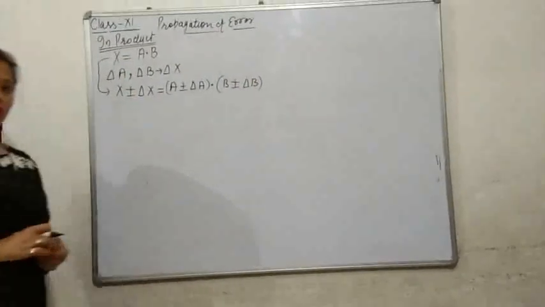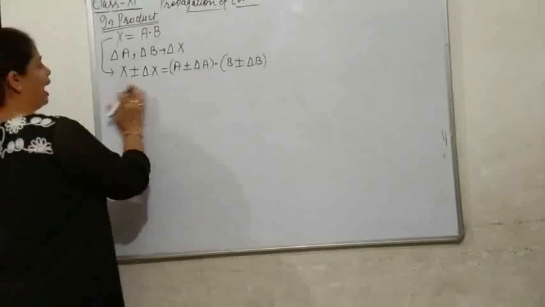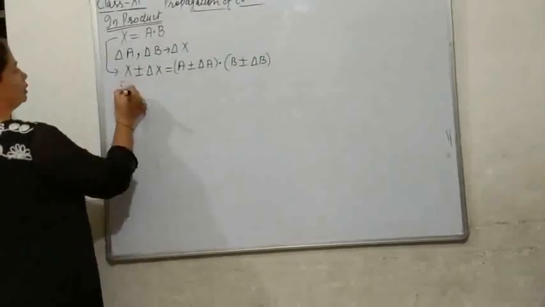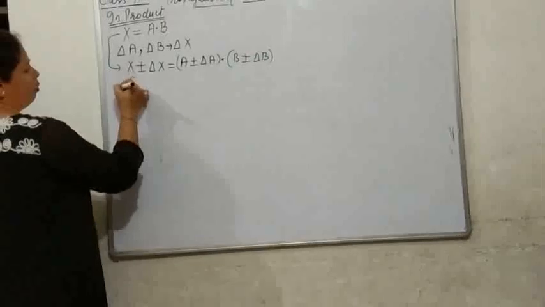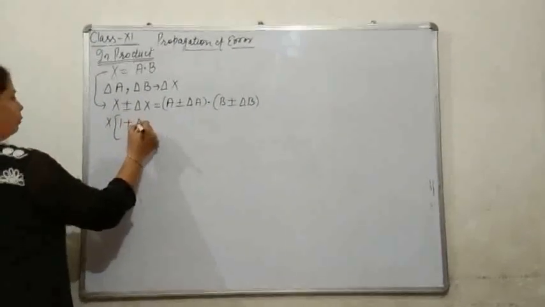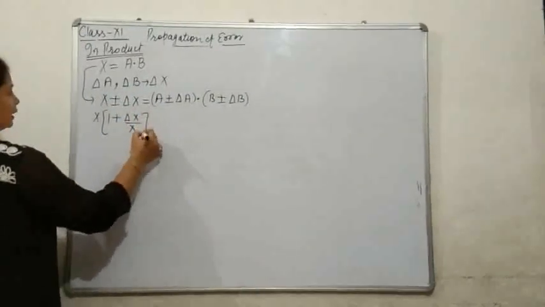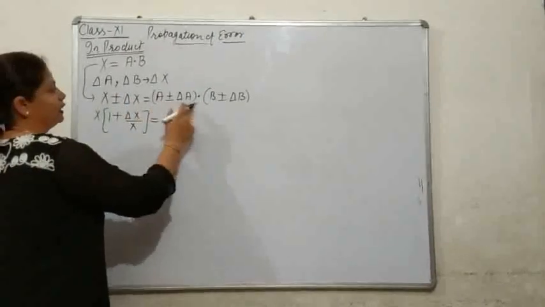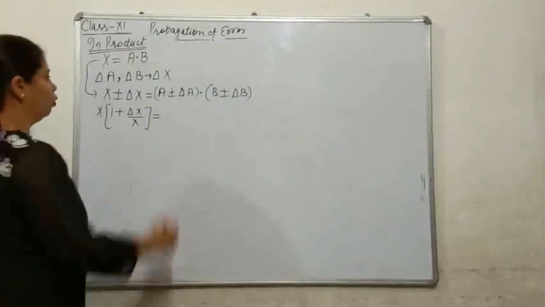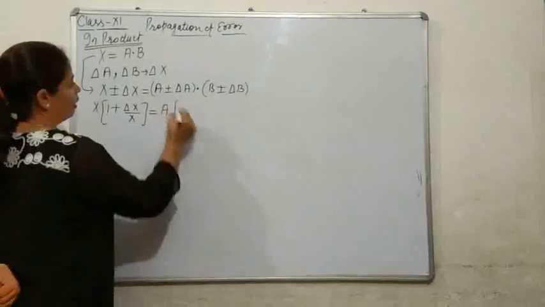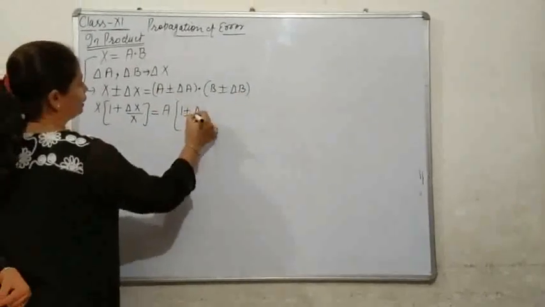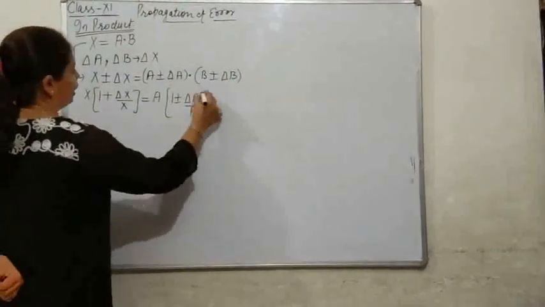Clear up to now? Now taking x common from these two terms, x can be common out, so it will be 1 plus minus delta x upon x, that is equal to, same in this term I am taking a common out, that is equal to 1 plus minus delta a upon a.